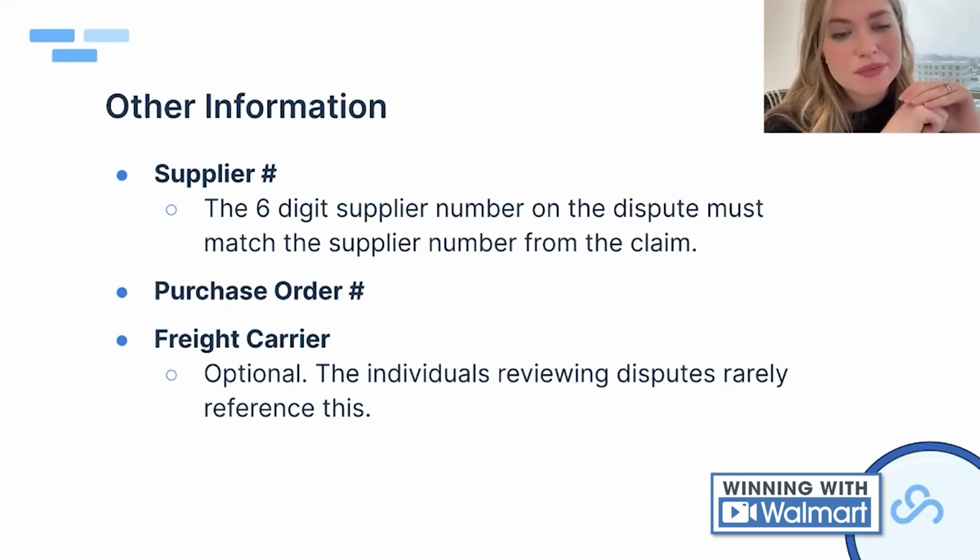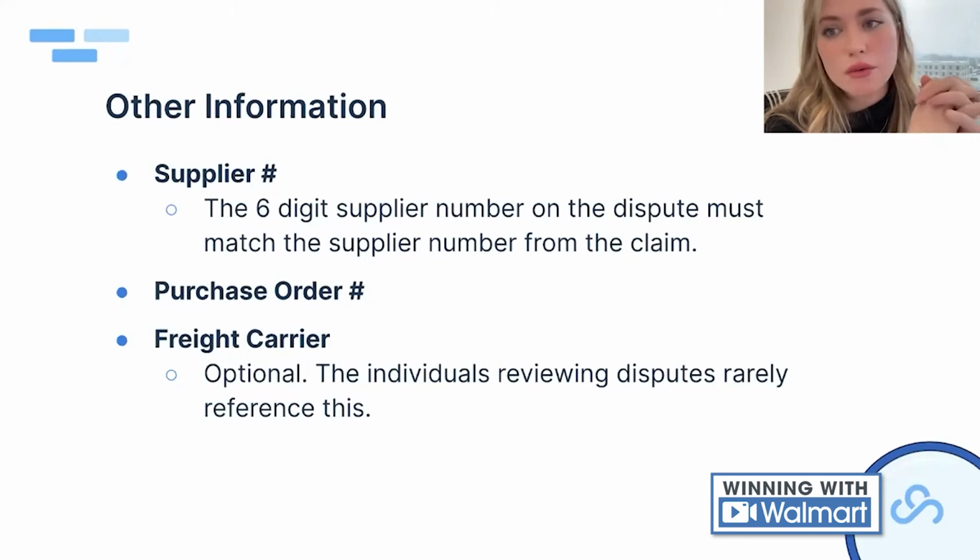So this is optional. The individuals at Genpact who are reviewing this rarely reference it. If you're using a software like ours, it will do that automatically for you if we have that data.